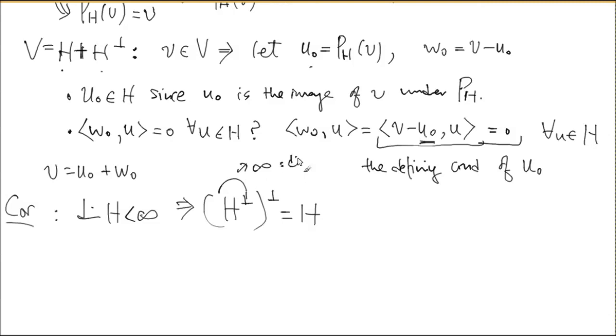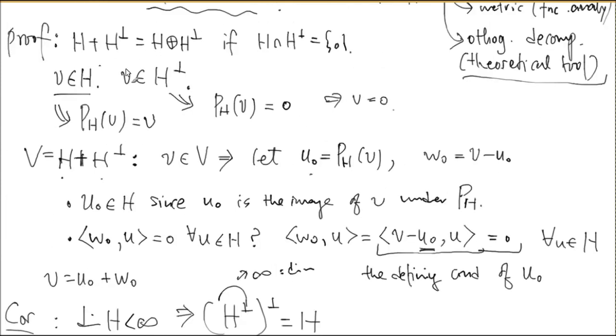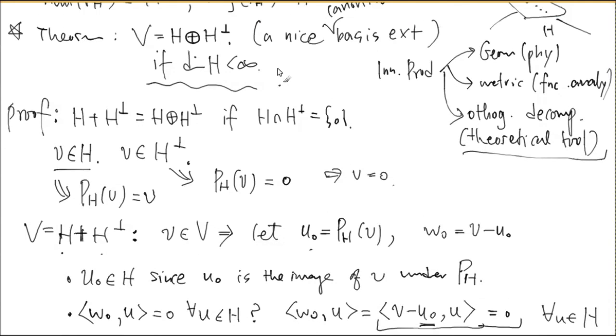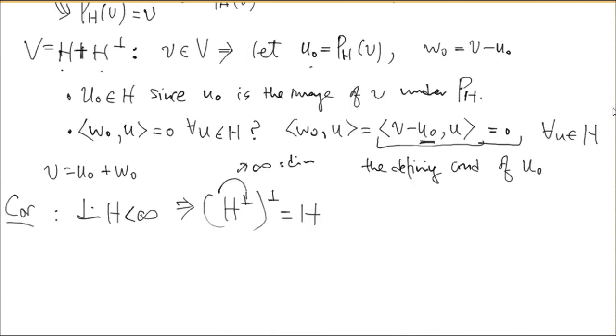H perp potentially has infinite dimension. So you have to be in that context and try to show it. This context is actually this result itself. V is H orthogonal direct sum H perp, and you have to show that everything that's orthogonal to every element in here is actually in H. That's what you have to show, right? Does that make sense?